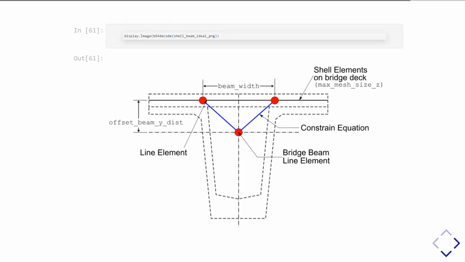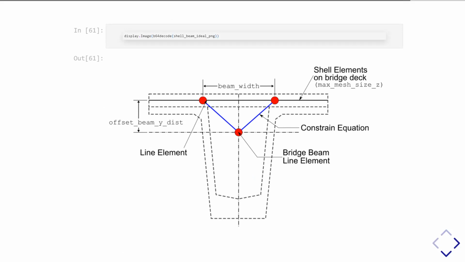Instead of everything being in the same plane and modeling nodes as the beam element, we offset the beam element by a certain distance called offset beam distance, and then there will be adjacent beam nodes which are spaced out by beam width, and then they are connected via rigid links here.